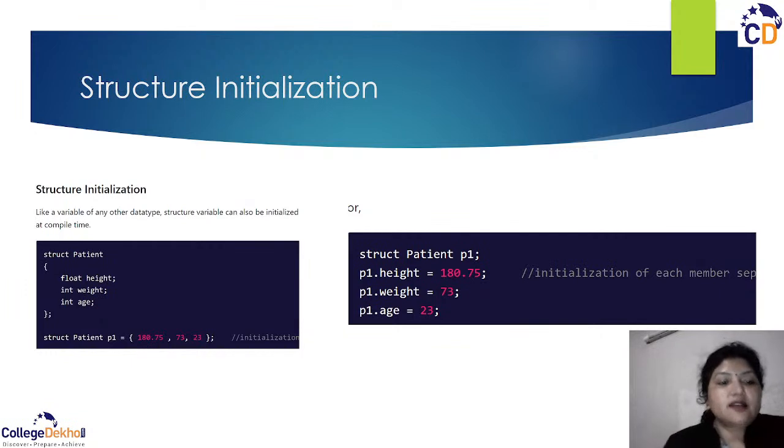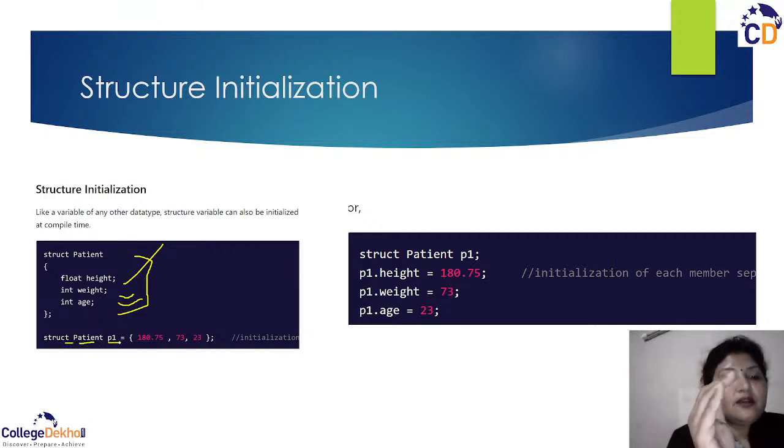You have defined a structure, patient, with member variable 1, member variable 2, and member variable 3. After that you have defined the structure patient and a variable. Now this variable would be holding the values for height, weight, and age.